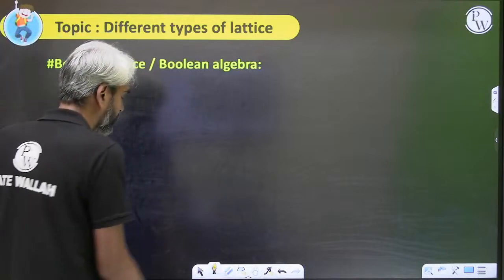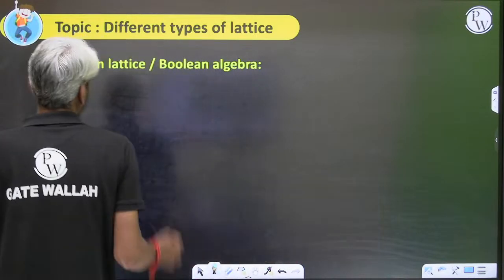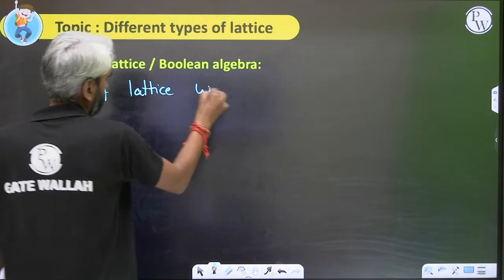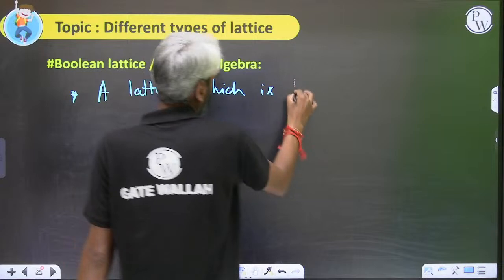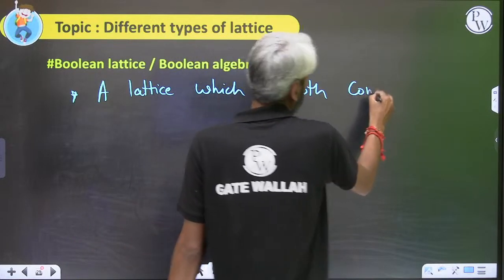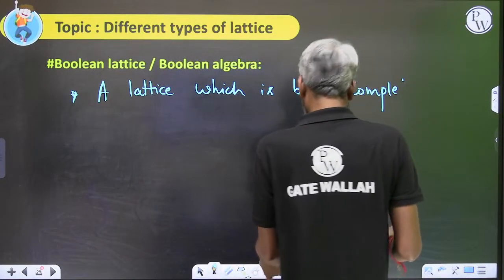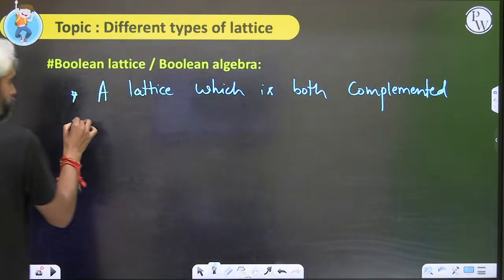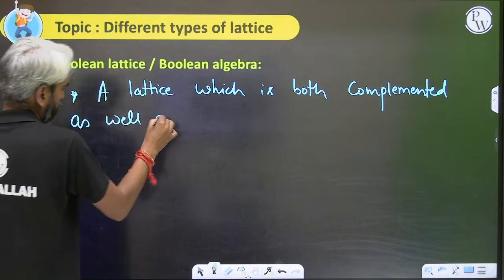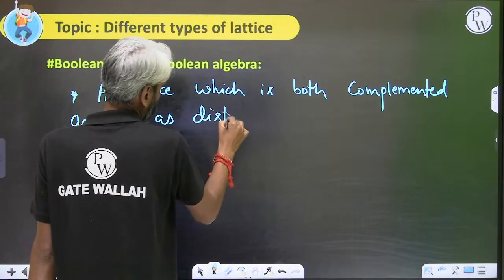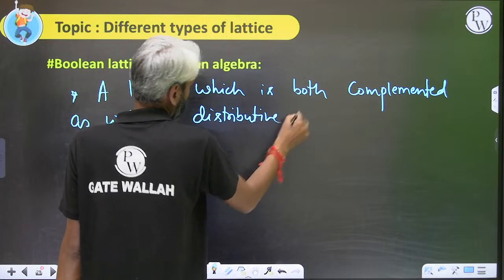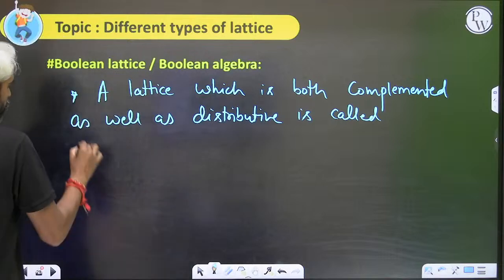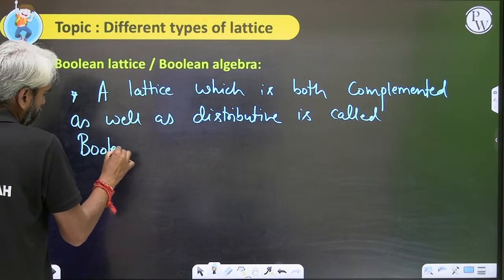Next one is Boolean algebra or Boolean lattice. So what is this? A lattice which is both complemented as well as distributive is called a Boolean lattice or Boolean algebra.